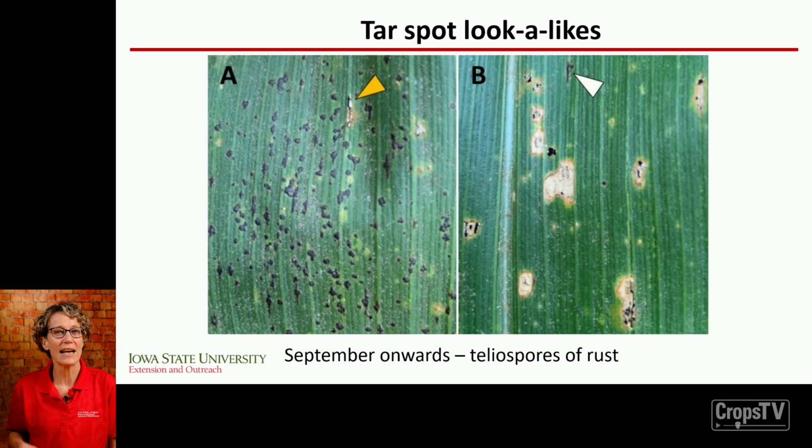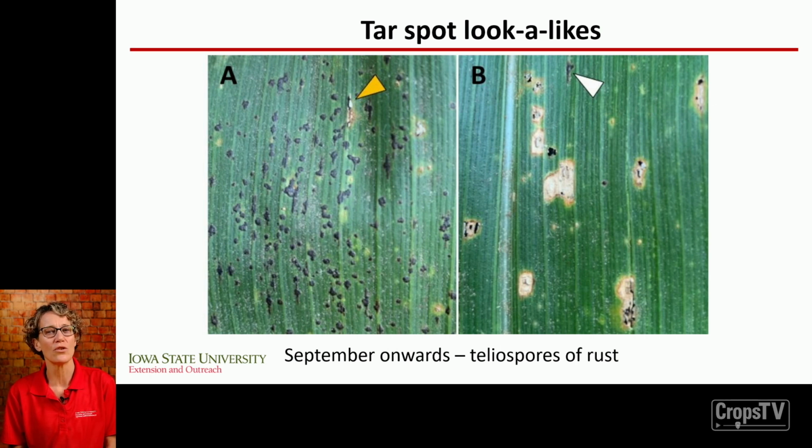And so this slide here, slide A, will show you tar spot symptoms, but that yellow arrow is pointing to a southern rust pustule with the teliospores. And then on slide B, that white arrow is pointing to a tar spot lesion. You can see how it's kind of elongated along the veins, but you can see the rust pustules there.